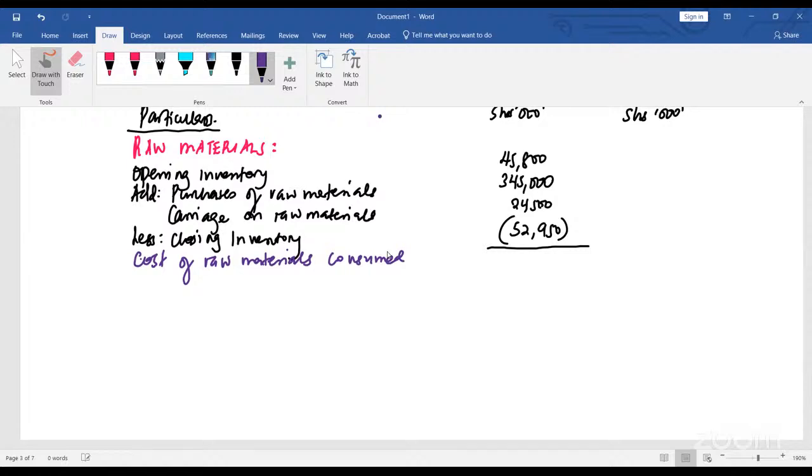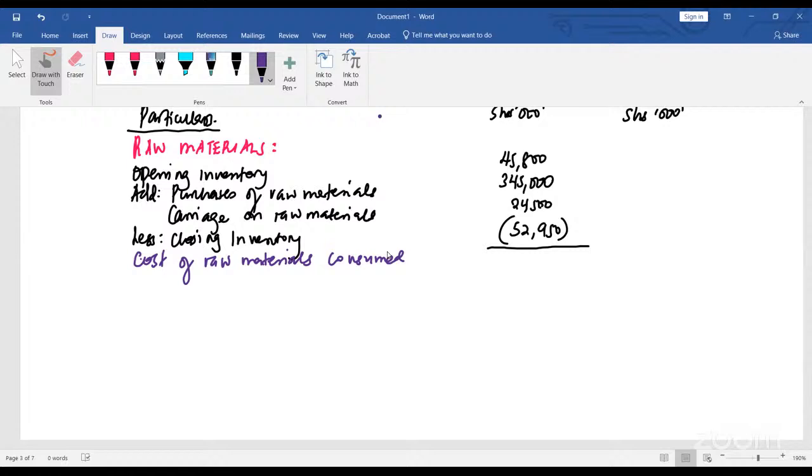Those on YouTube, you can help us with the cost of raw materials consumed if you have computed. Those online on Zoom, please work this out fast.